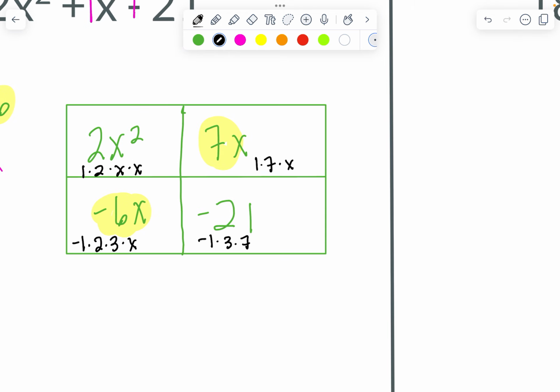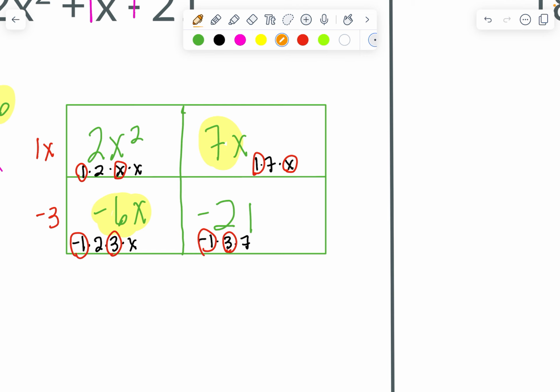So now finding our GCFs. If I start with my first row, it looks like it's just a 1 and an x. So 1x, or just x. My second row, I have a negative 1 and a 3. Negative 1 times 3 is negative 3.